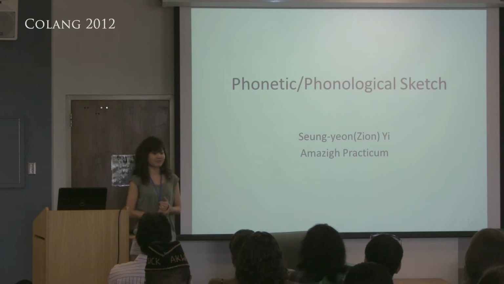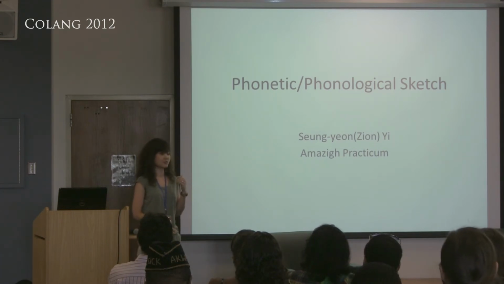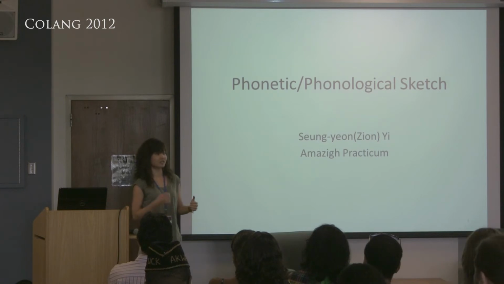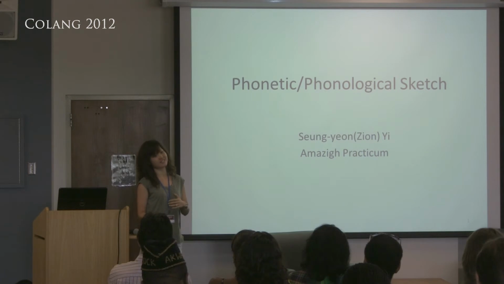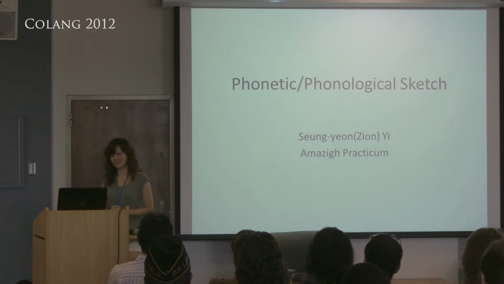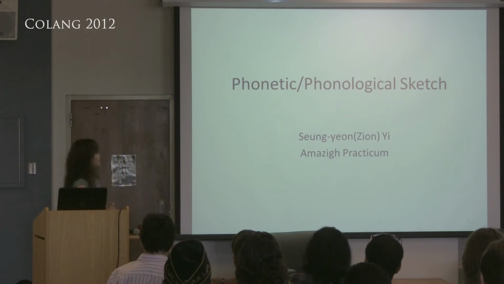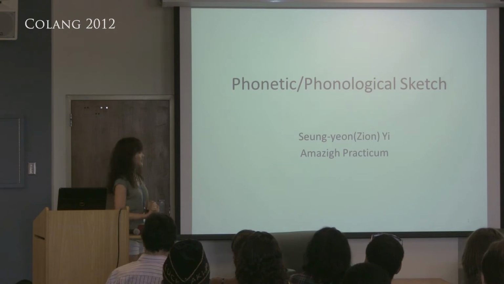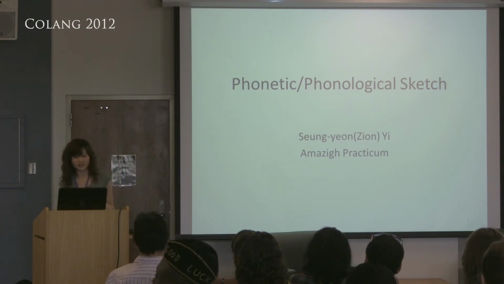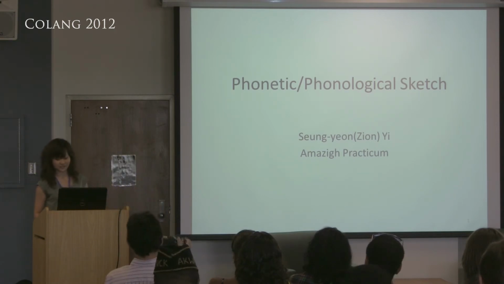So, I hope next time when I get into the fieldwork, I will be able to do phonological analysis along with morphological and syntactic analysis. So that's most of the business. My goal here is to show you a brief phonetic and phonological sketch of the language.